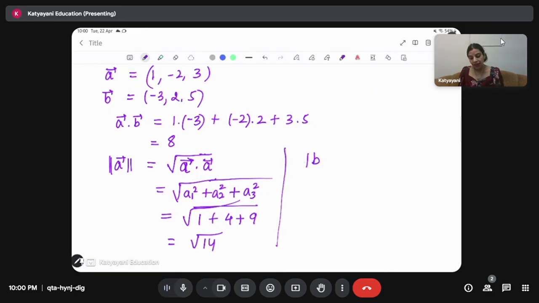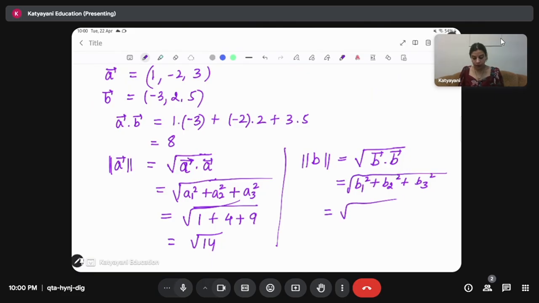Similarly, I can find out the norm of b. The formula for the norm of b, we wrote, is the square root of b dot b. The scalar product of b with b under root, that is b1 square plus b2 square plus b3 square under root, which is 3 square is 9, 2 square is 4, 5 square is 25, which is 38, right?